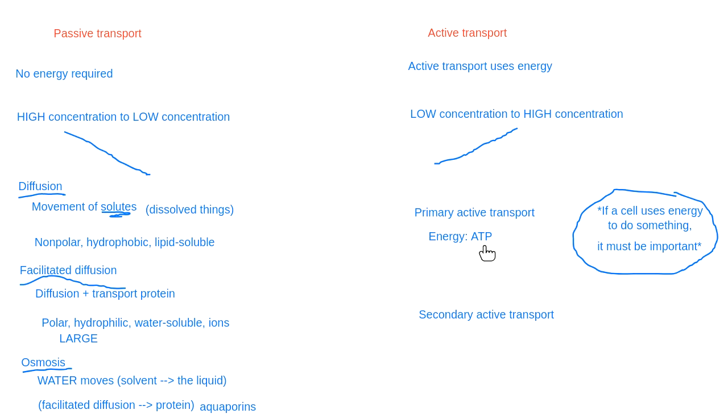When we talked about primary active transport, what was the example, or what was the purpose of the protein that we said did primary active transport? What was our example of primary active transport? Yeah, Nicole mentioned its function: polarizes the membrane.